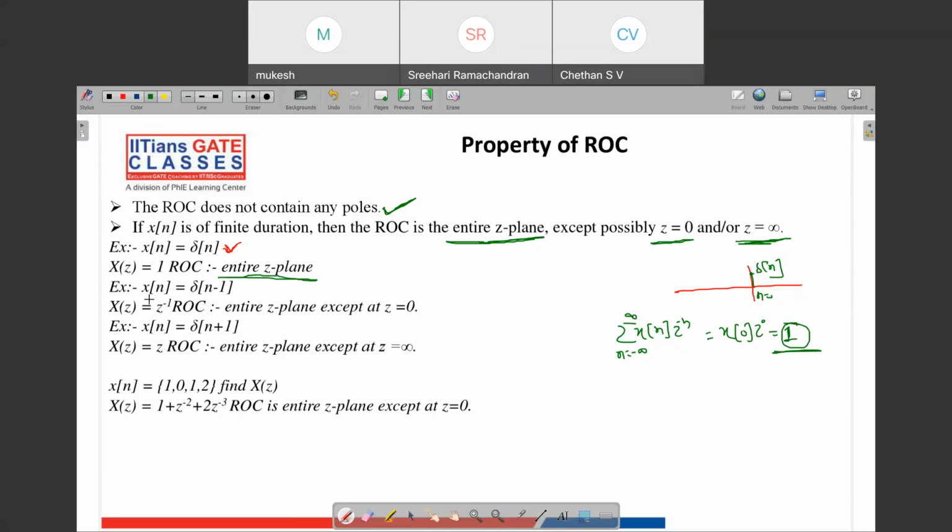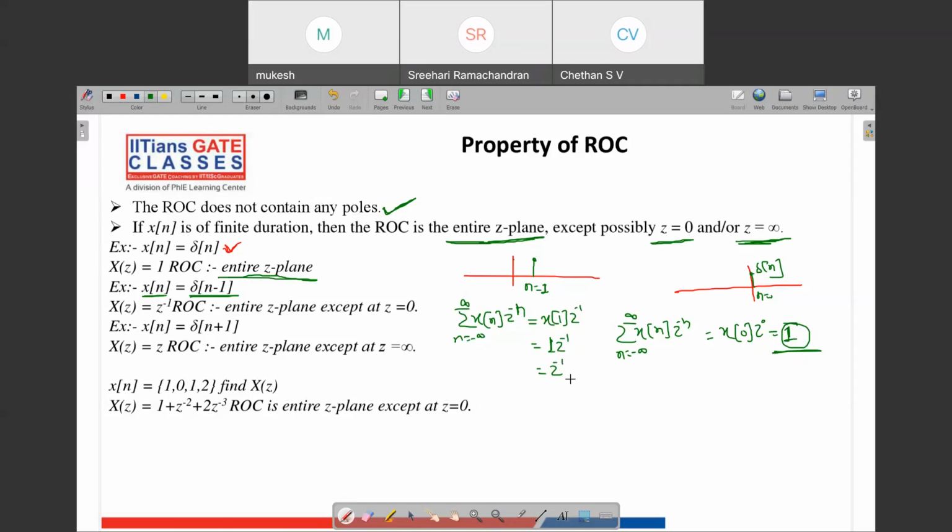Now let me take the second case where your signal is delta[n minus 1]. Again it is a unit impulse, but a shifted version, located at n equal to 1. If you calculate the Z transform, you again use this formula. Only for n equal to 1 we have a signal, so you put n equal to 1 and get x[1] z to the power minus 1, and x[1] is equal to 1, so simply z to the power minus 1.